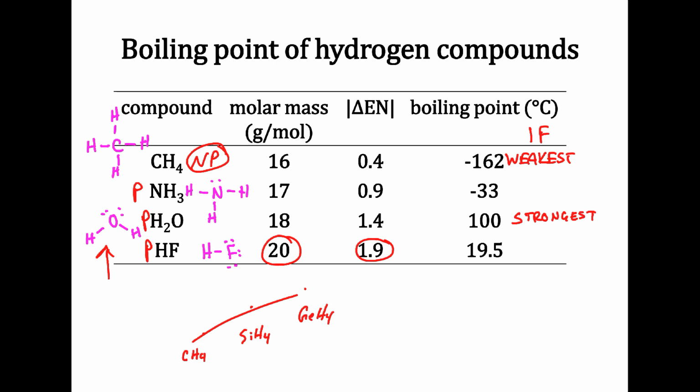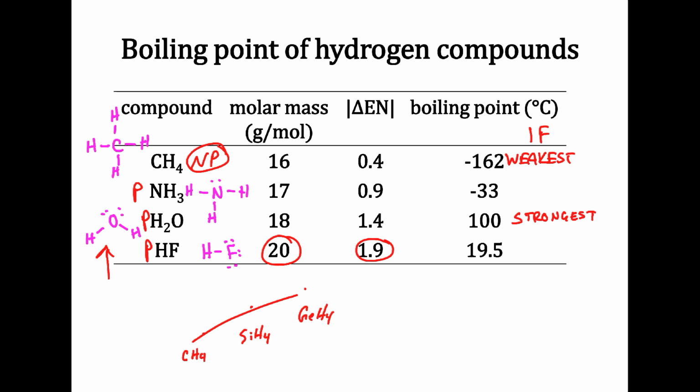And this would make sense with dispersion, that as you're increasing the number of electrons in the molecular weight, the greater the polarizability and the stronger the intermolecular forces. But for NH3, H2O, and HF, their graphs would look more like this.